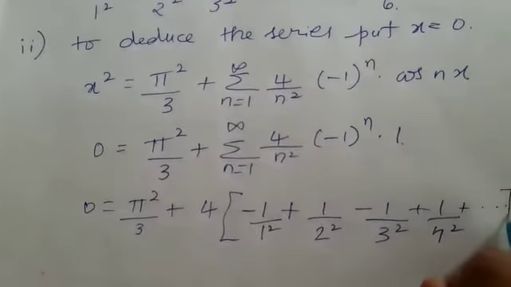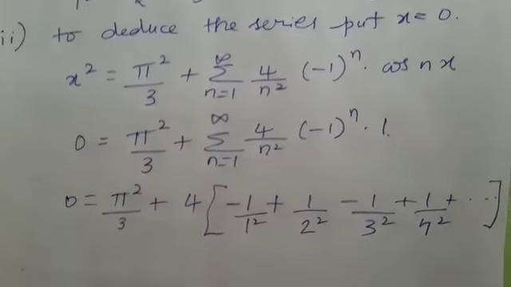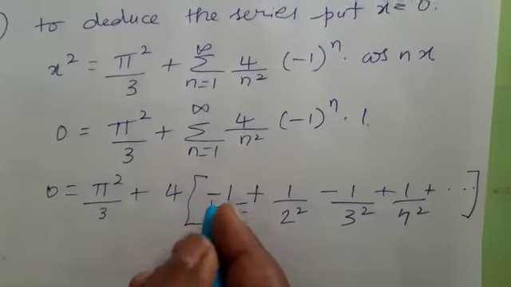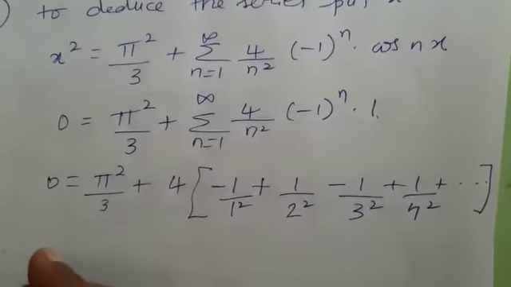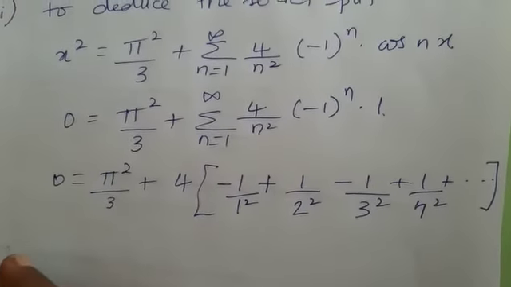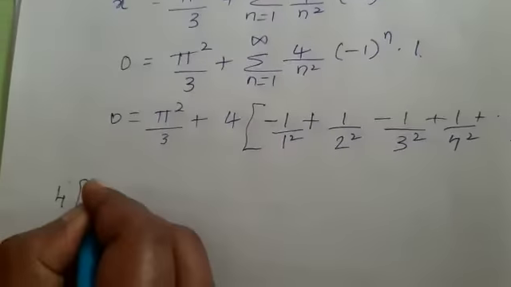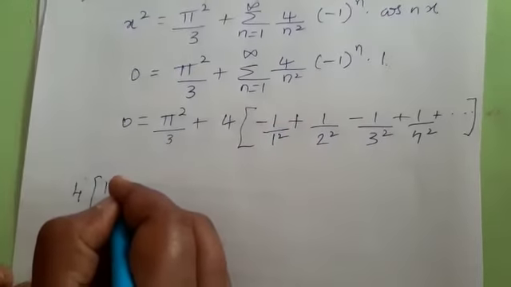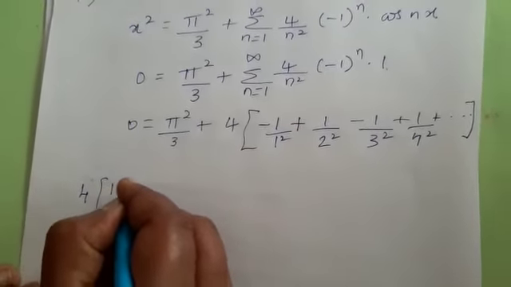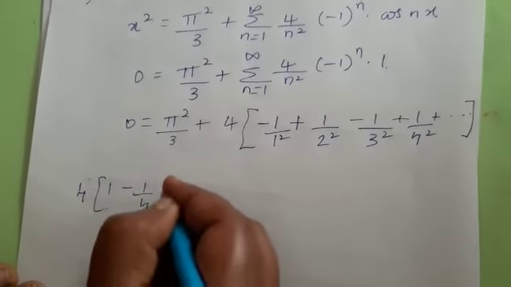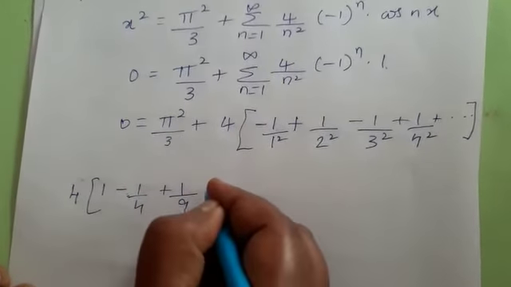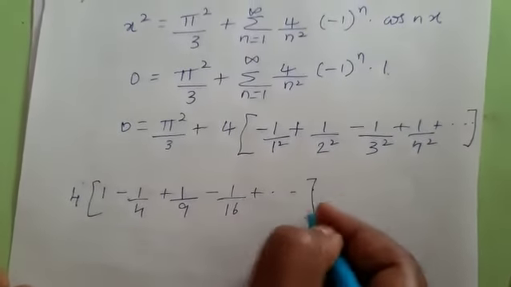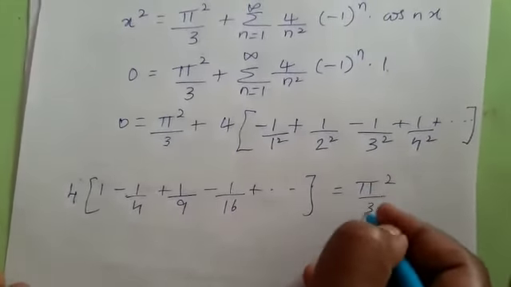For even it is plus and for odd it is negative. It continues. So if I shift the whole term to the other side, negatives become positive and positive becomes negative. So it is 1 minus 1/4 plus 1/9 minus 1/16 plus etc. continues is equal to π²/3.